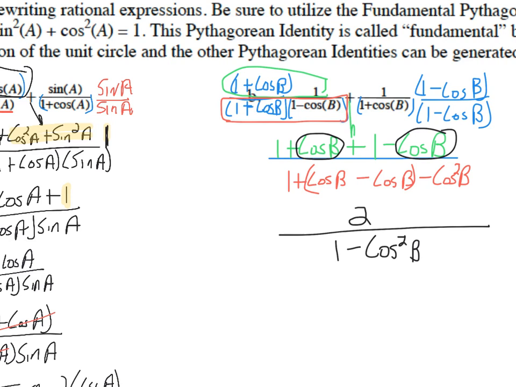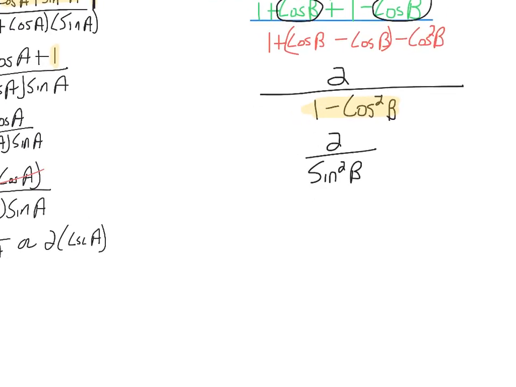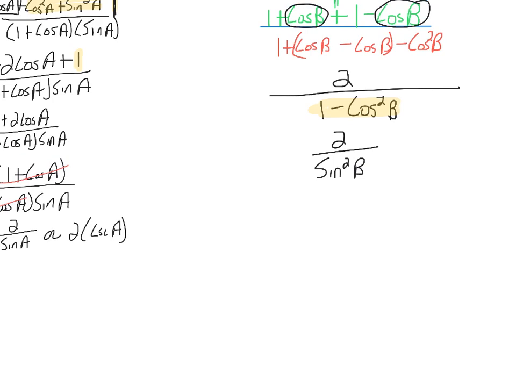Your denominator, that's part of your Pythagorean identity. That's the same as sine squared. So I'm going to replace this as 2 over sine squared b. And that's the same as 2, I'm going to write an extra step in here, 2 times 1 over sine squared b.